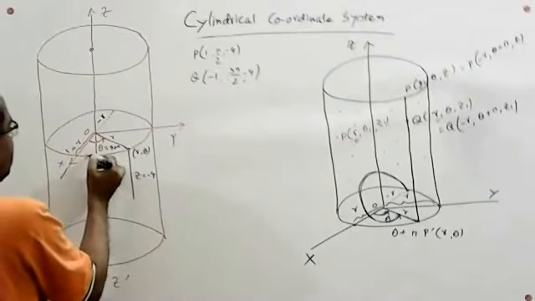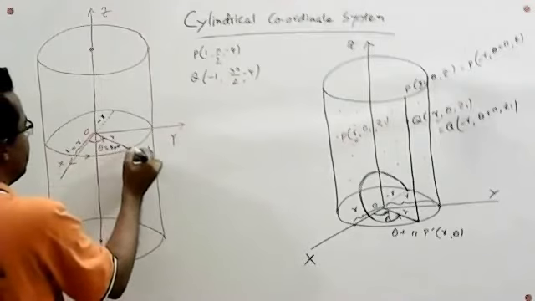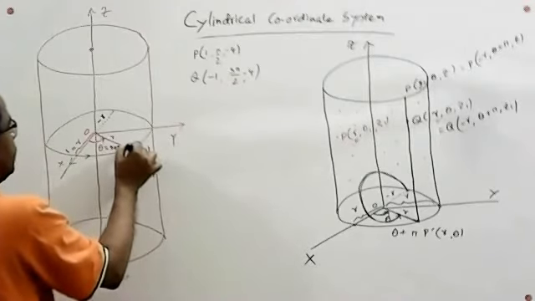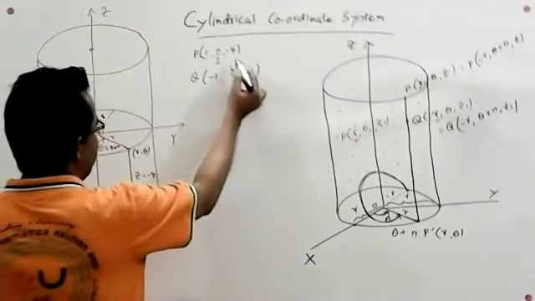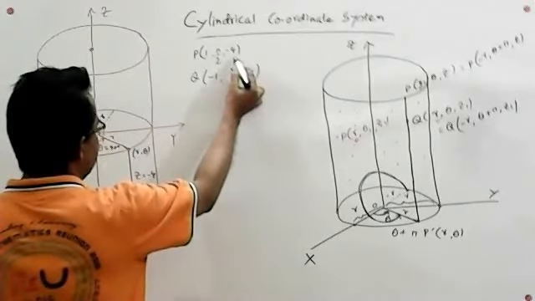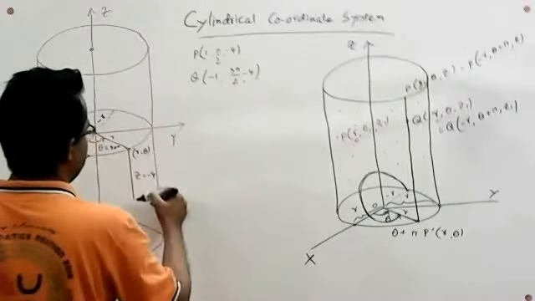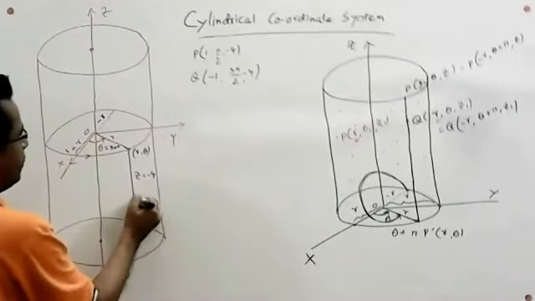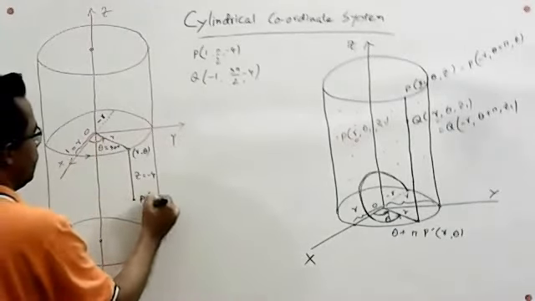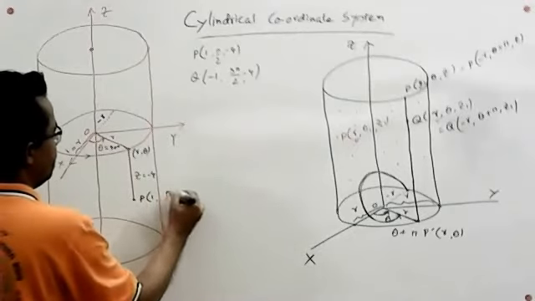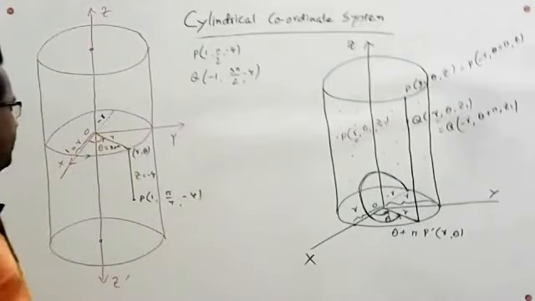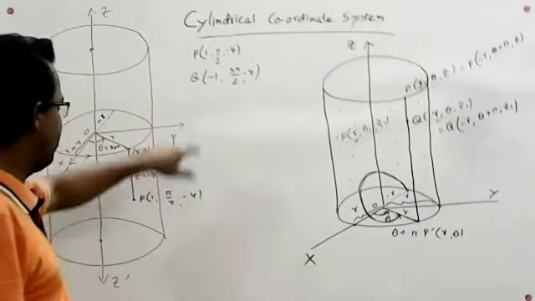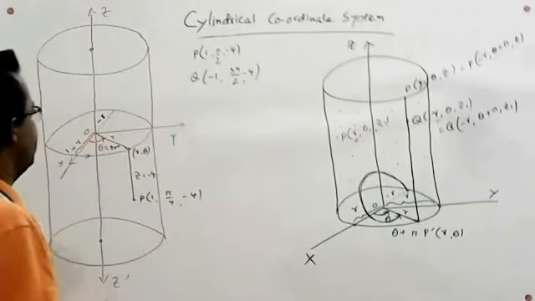If we move anticlockwise on this r, we have got a point r, theta, which is 1 and pi by 2. And lastly, for minus 4, we will have to move in the negative z direction 4 units. Then we have got a point there, which is P, 1, pi by 2 and minus 4. Again, we find out the point Q, minus 1.